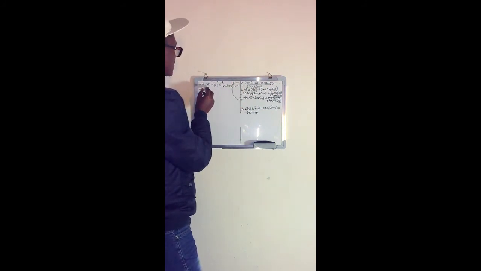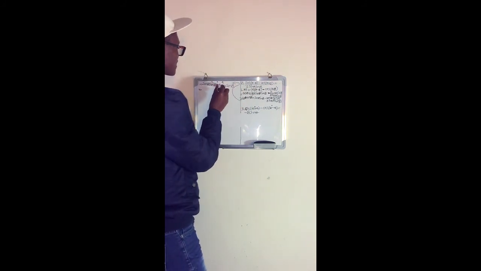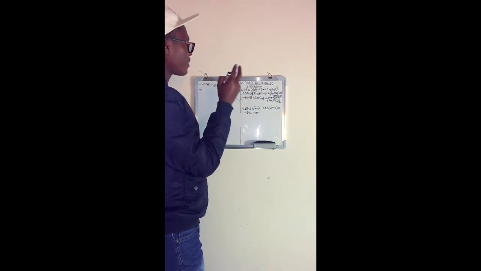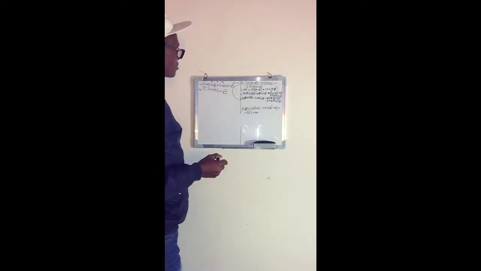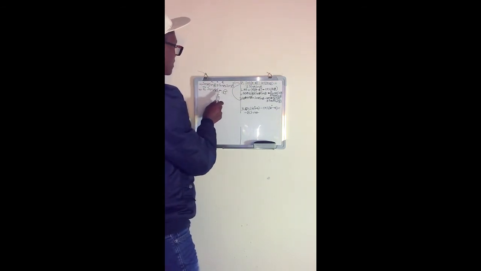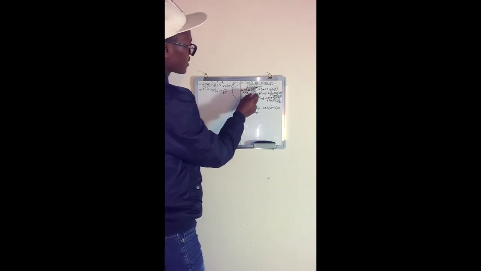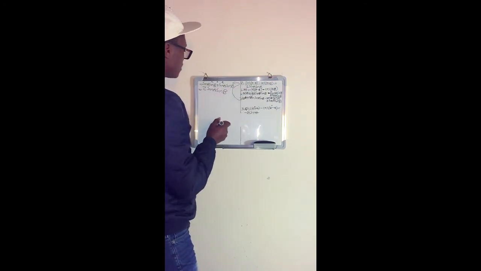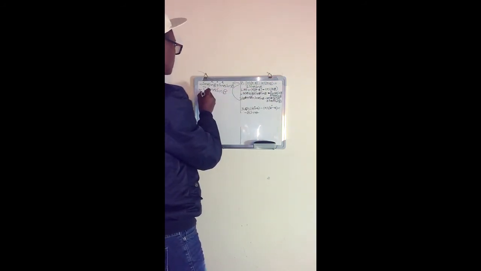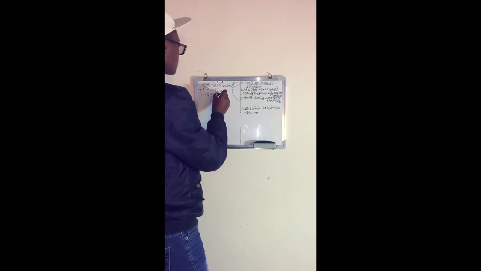So now we have 2 sin A sin B. So we can see 2 sin A sin B is what we were required to prove, which is our right hand side. We got it, 2 sin A sin B. So therefore we can conclude that the left hand side is the same as the right hand side.